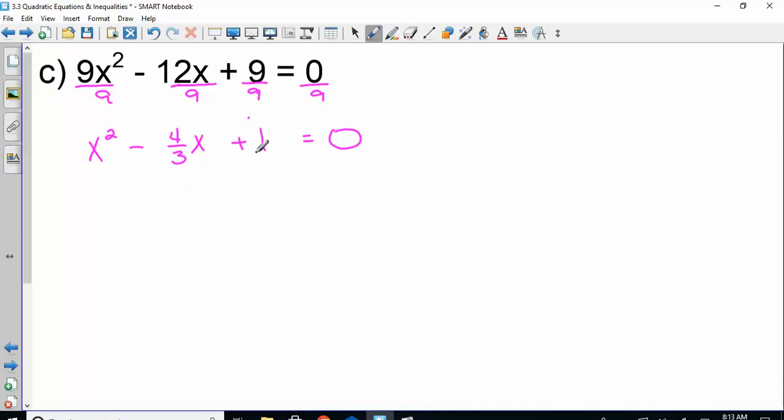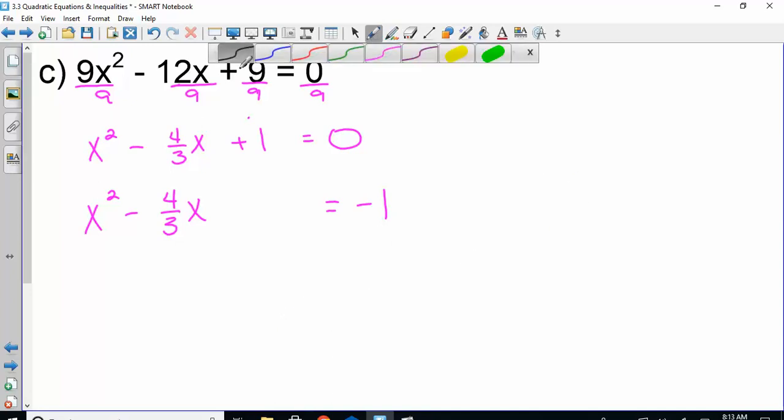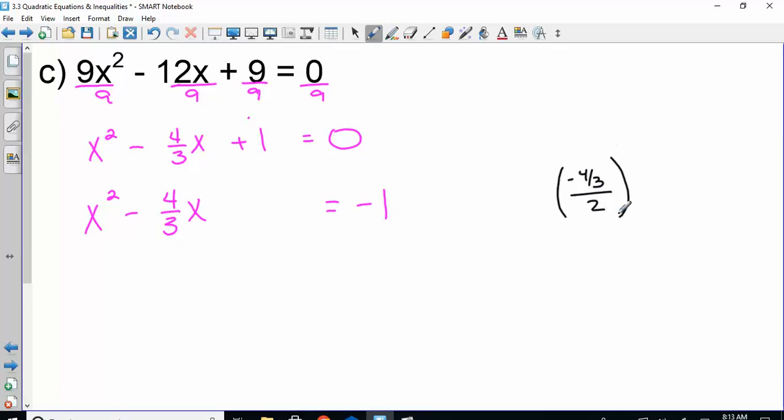Anything multiply to 1 and add to -4/3? No. So we have to move the constant over. Alright, so in completing the square, to get this magical number, you take your middle term, divide it by 2, and square it.